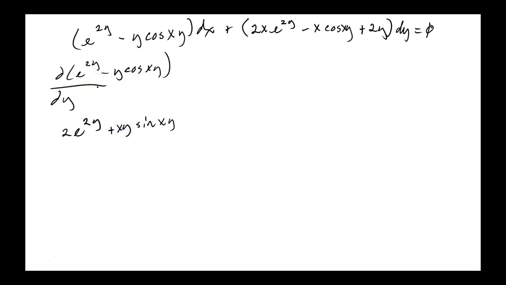There's the partial of that thing with respect to y. And then we do the partial of this thing, 2x e to the 2y minus x cosine xy plus 2y, with respect to x. And what does that become? 2 e to the 2y, is that what you said? Perfect.